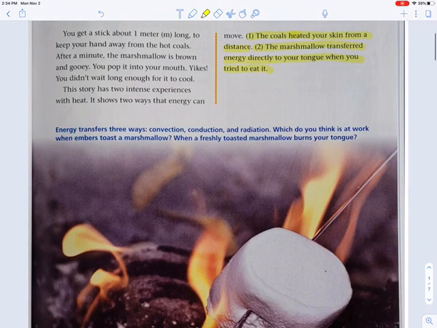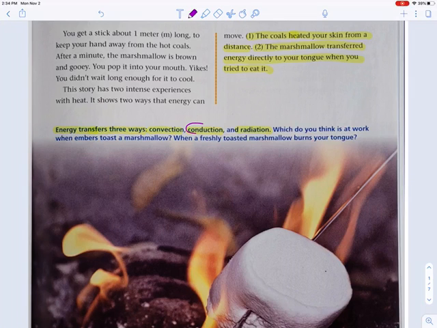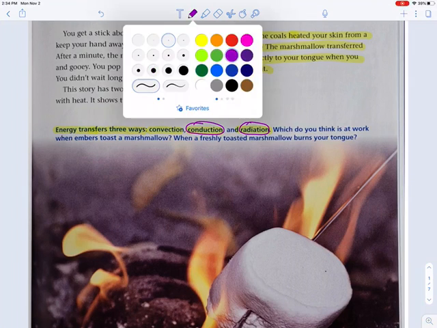When you're an active reader, you also always want to make sure that you read any subtitles and also examine the images. So here it says energy transfers three ways: convection, conduction, and radiation. Okay. When I read this, I can tell that there are two words that are kind of unfamiliar and unknown to me: conduction and radiation.